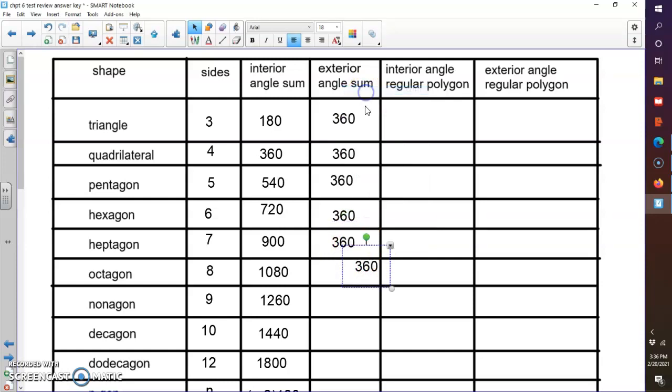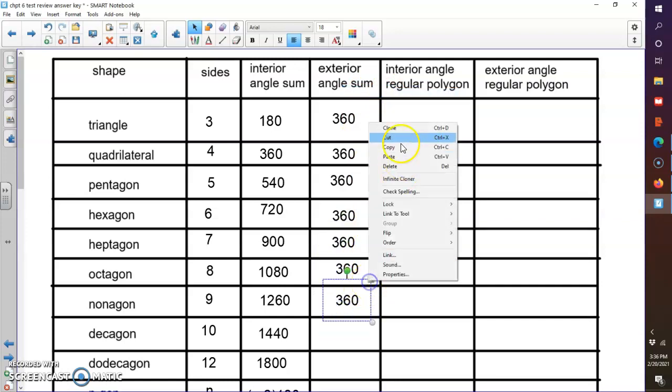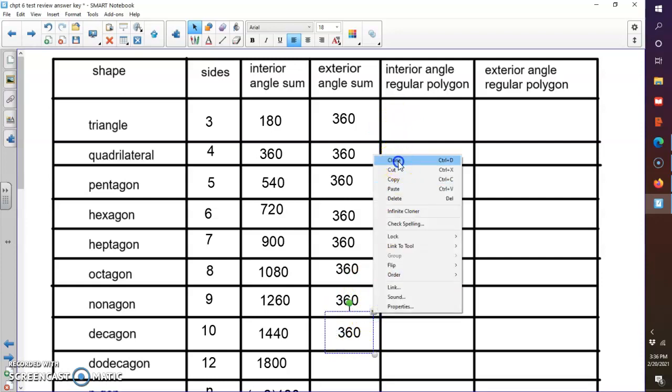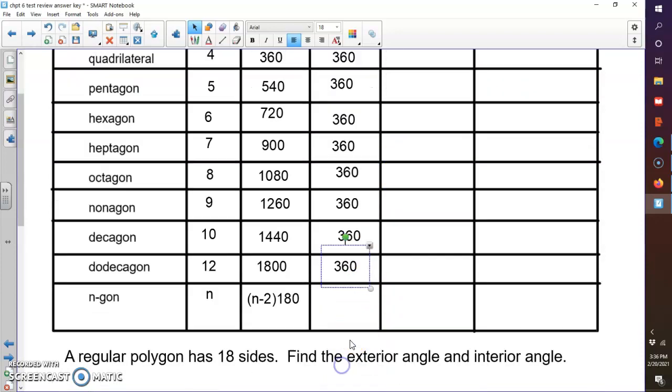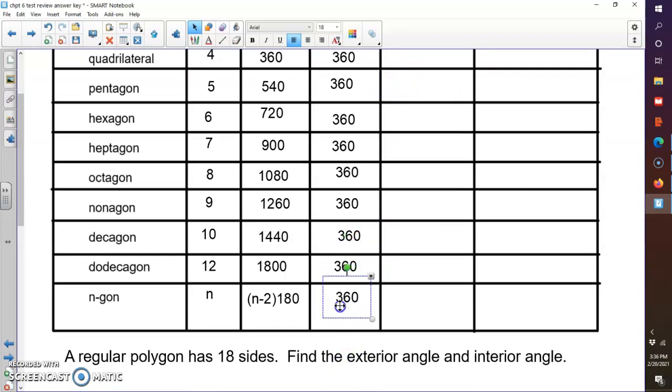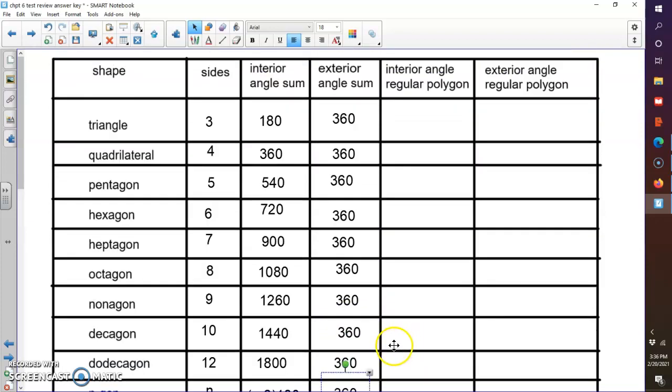In fact, I can probably clone it, might go a little quicker that way. But for each, no matter how many sides, it is going to be 360. So even for our n-sided figure, I can literally write 360 here, because it's a 360 degree sum on any type of polygon, no matter how many sides.